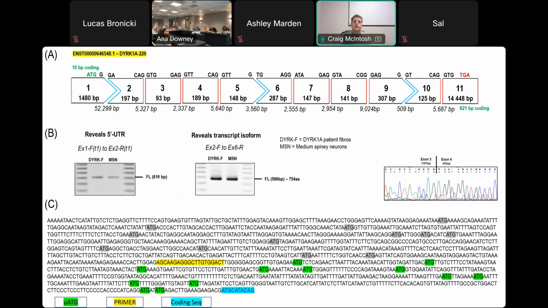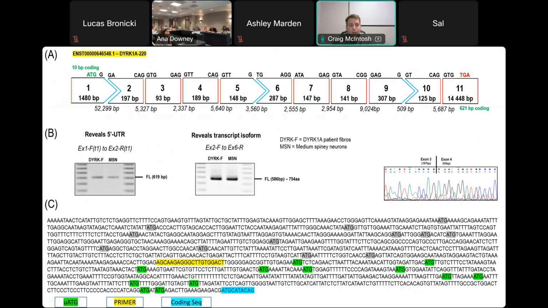So what we needed to do was determine which isoforms, or which specific versions of the gene, are present both in patient cells as well as a neuronal cell, because obviously most of the phenotype is thought to occur at a neuronal level as well as other levels.